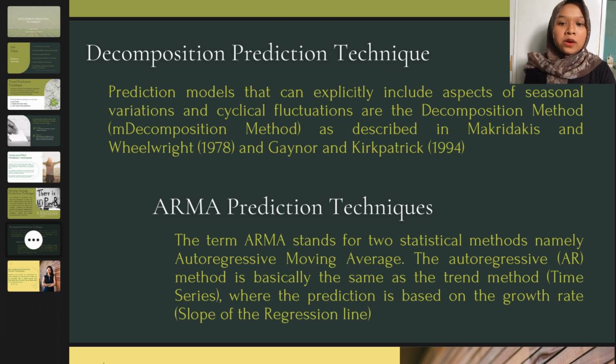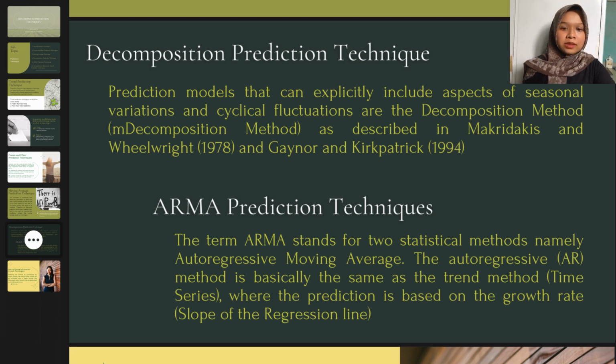Therefore, in making a more precise prediction, these two elements, variation and fluctuation, need to be considered explicitly in the model to be used. Prediction models that can explicitly include aspects of seasonal variation and cyclical fluctuation are the decomposition method, as described in Makridakis and Wheelwright in 1978 and Gaynor and Kirkpatrick in 1994.